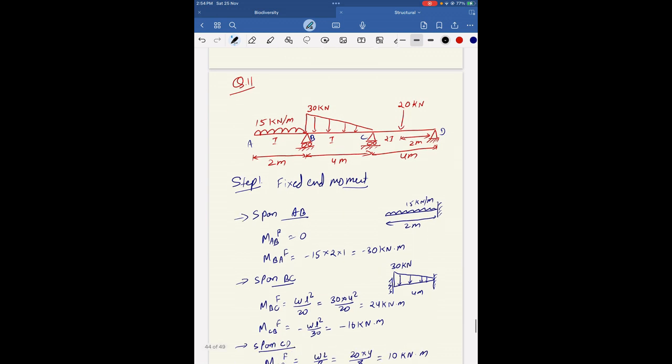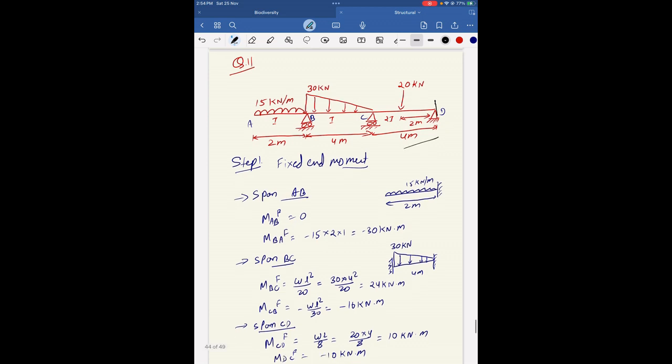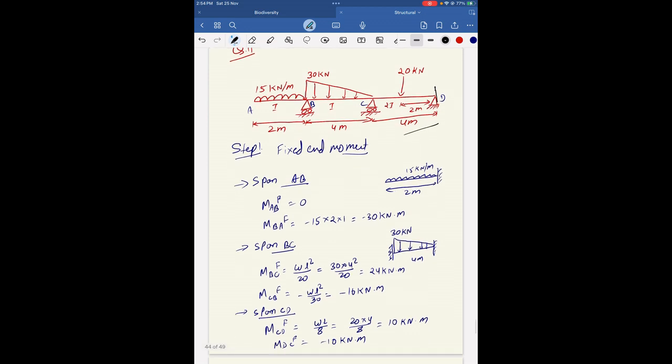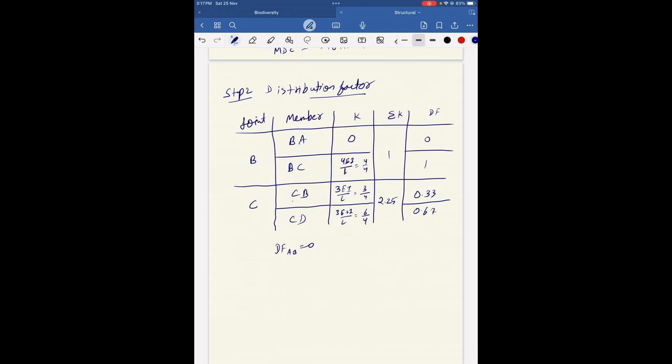In question number 11, it is similar to question 10, but instead of fixed support at D we have pin support at D. So let's see what happens if we have pin support instead of fixed support. The fixed end moment is similar for all the members, but in the distribution factor we have some difference.